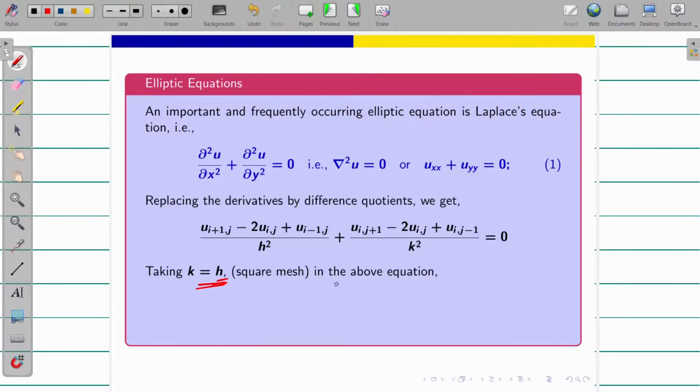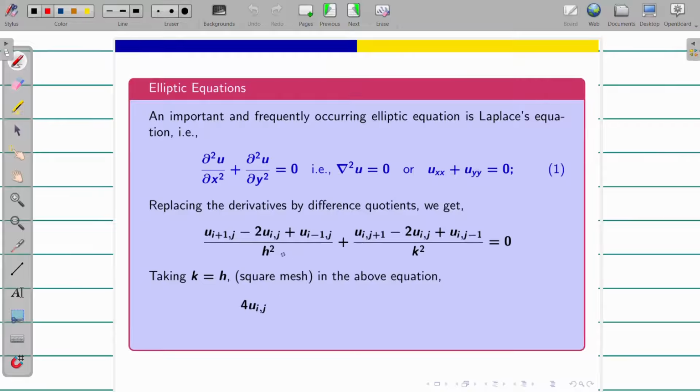If both are equal, how do we simplify this equation? Then it can be written as 4u_ij approximately equal to u_i-1,j + u_i+1,j + u_i,j-1 + u_i,j+1. It looks like the lengthiest one, so I will give you a graphical representation, then you can get the idea.